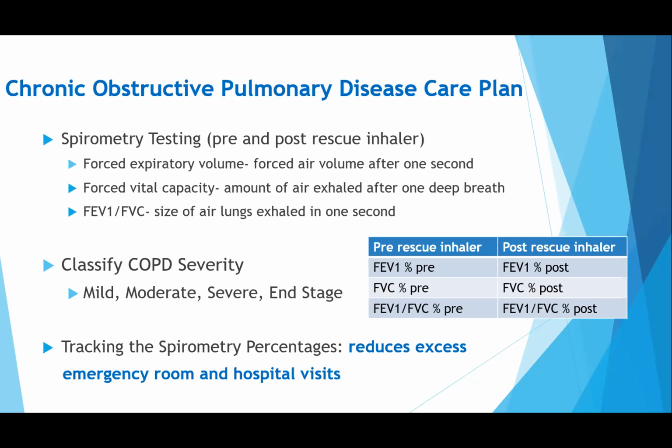And with SNOMED CT, we were able to put the identifiers for each of them and also classify the severity, which is nice because that's not available with ICD-10. And the same thing, us tracking the spirometry percentages with our documentation for COPD helped to reduce the excess emergency room and hospitalizations.